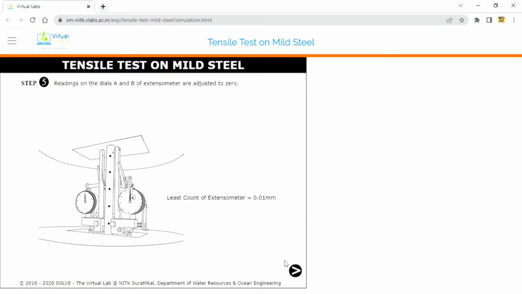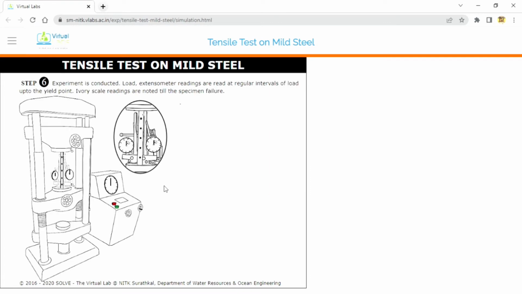Least count of extensometer 0.01 mm. Step 6. Experiment is conducted. Load and extensometer readings are read at regular intervals of load up to the yield point. Ivory scale readings are noted till the specimen fails.